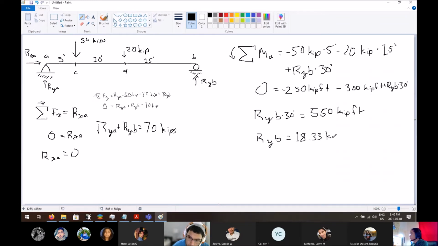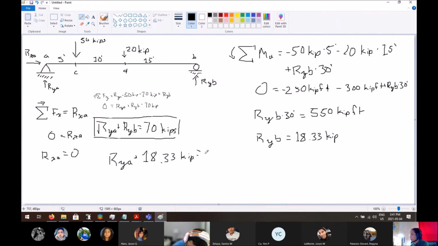18.33 kips, right? So now we can go over here and we can solve for RYA, right? Remember this thing that we set aside? It's very useful. So RYA plus 18.33 kips is equal to 70 kips, right?